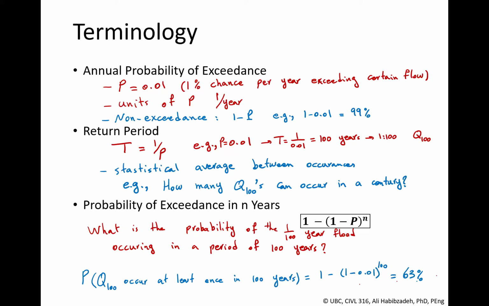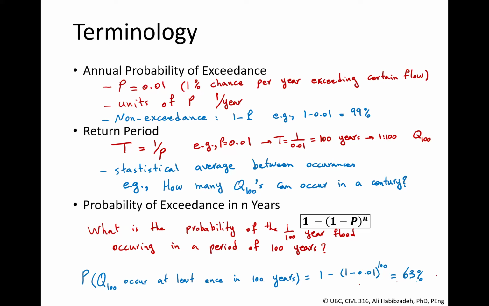That is something that sometimes I see people are confused with, even professionals sometimes. That's just a statistical average between occurrences. That's just like a statistical estimate of this stochastic process. If you want to know exactly how many times, at least how many times we'll have Q100 in 100 years, we can use this equation. In this case, it will be 63%.